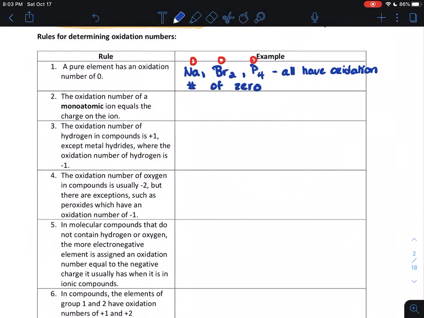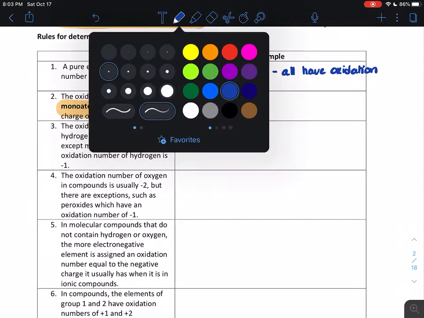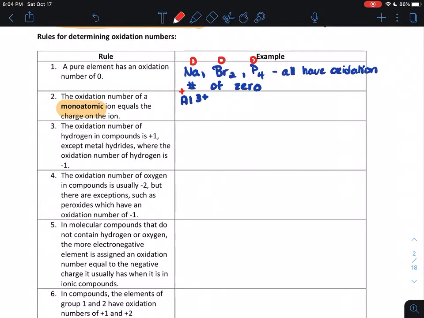All right, our next rule. The oxidation number of a monoatomic, important thing here, monoatomic ion equals the charge on the ion. So I've got aluminum 3 plus. Its oxidation number is going to be +3.